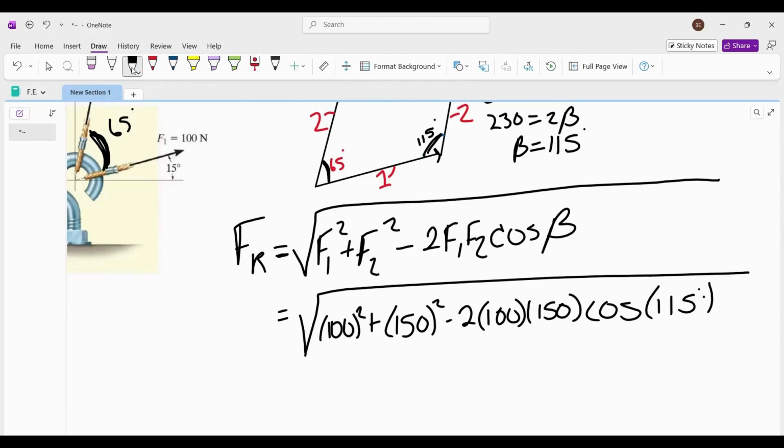So we're going to plug that into the calculator. And something that you want to make sure is that your calculator is in degrees and not radians. For this problem, we need our calculator in degrees.